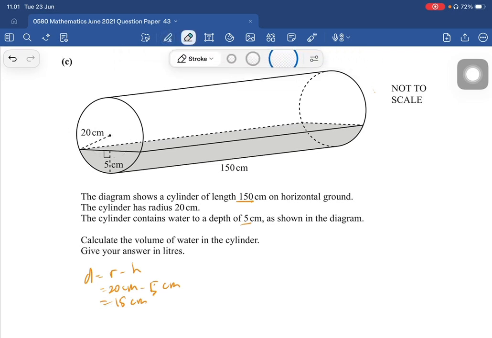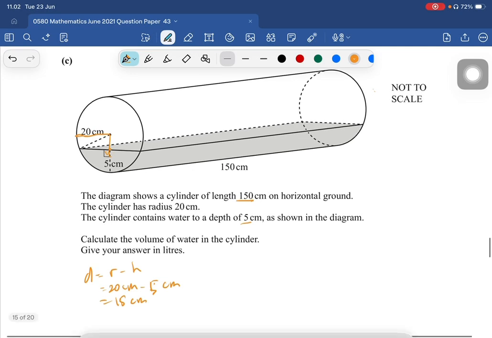Here it is. Okay, and then we will use trigonometry on the right triangle to find the center line of the water surface. So cos x equals d divided by r.